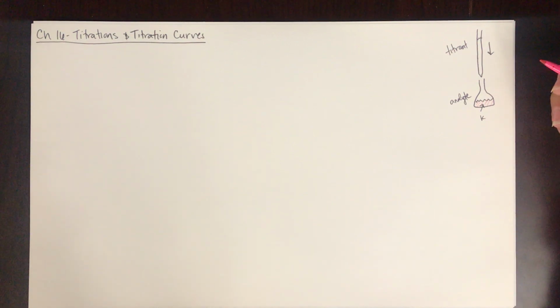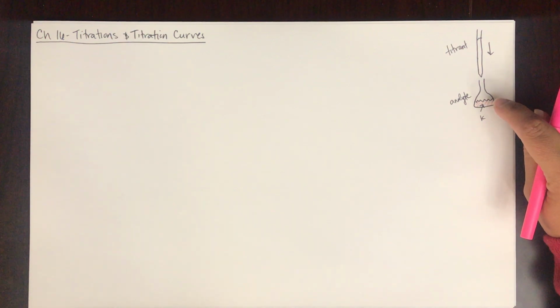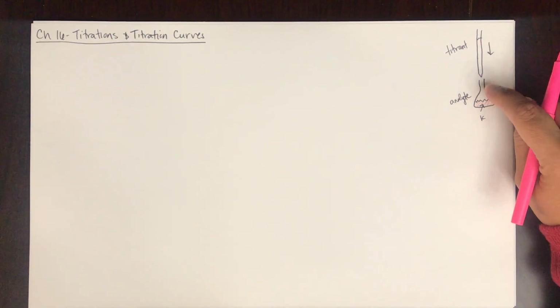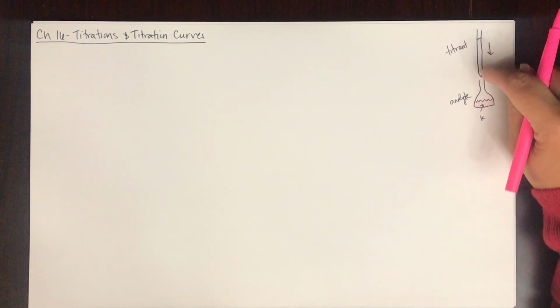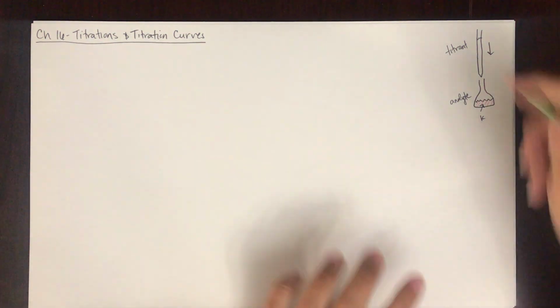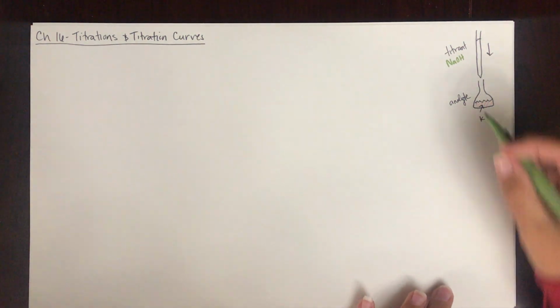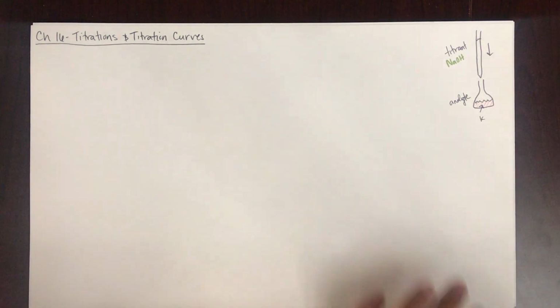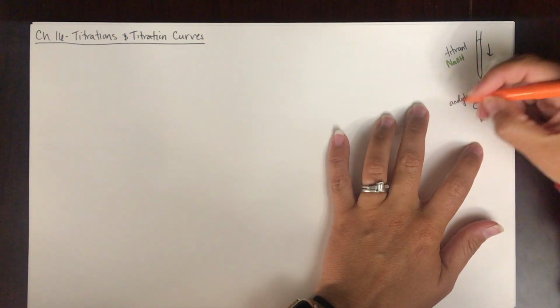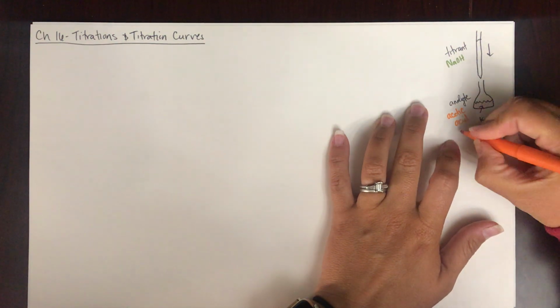So we are going to plot out the change in pH of this analyte. In lab, you would have a pH probe in this analyte, in this solution down here, and as you add the titrant in, the pH is going to change. So let's say, for example, that in our titrant up here in the burette, we have sodium hydroxide, and in our analyte down here in the flask, we have acetic acid, which, again, the formula isn't important.